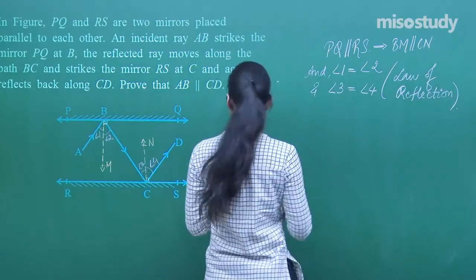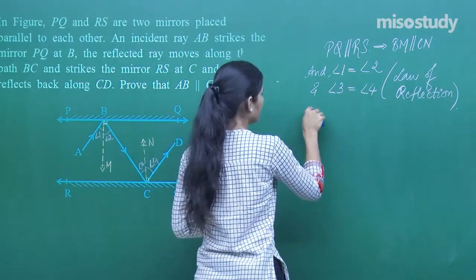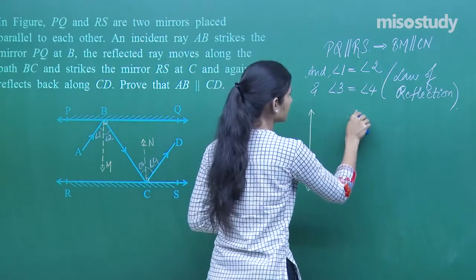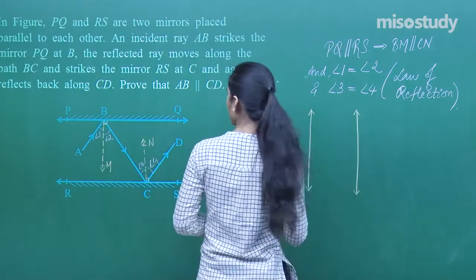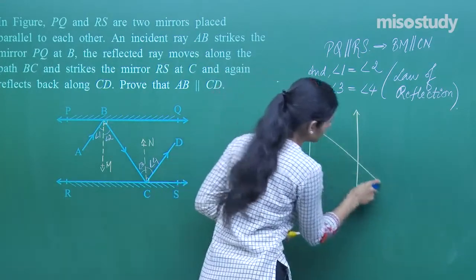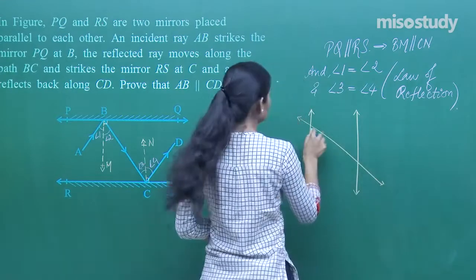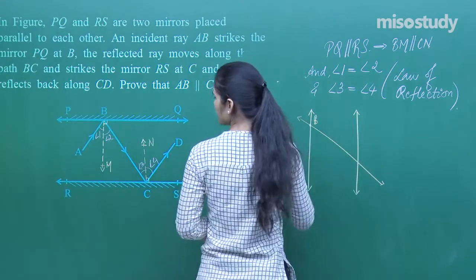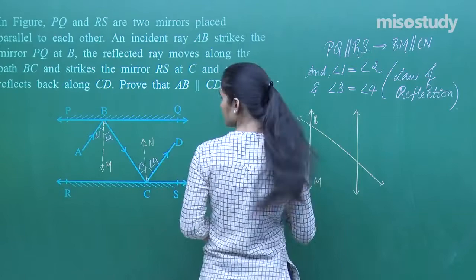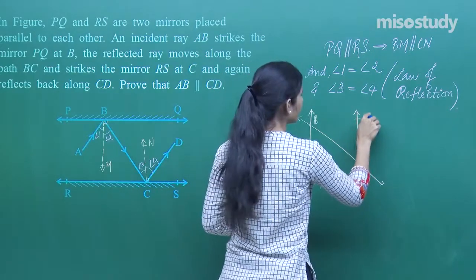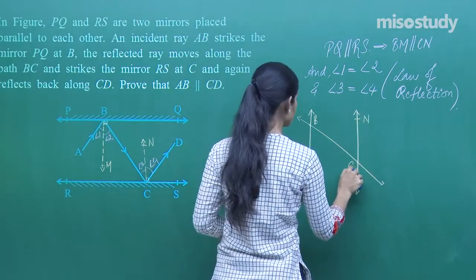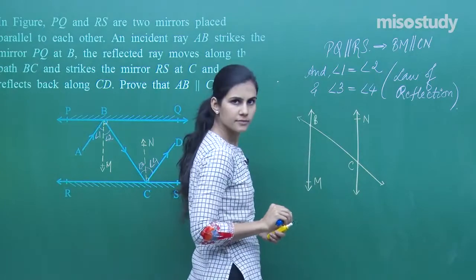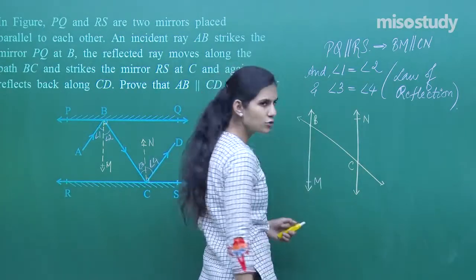Now see, what is the situation? The situation is like this, and I have something like this. So the situation is, this is B, somewhere here is M, then somewhere here is N, and this is say C. I know that BM is parallel to CN.